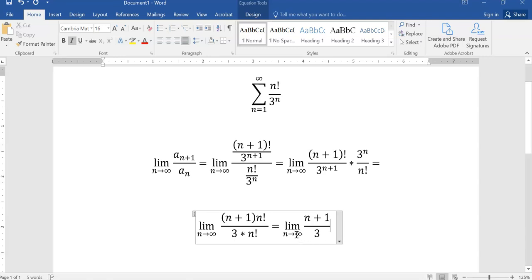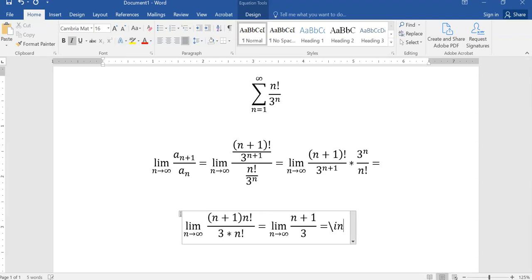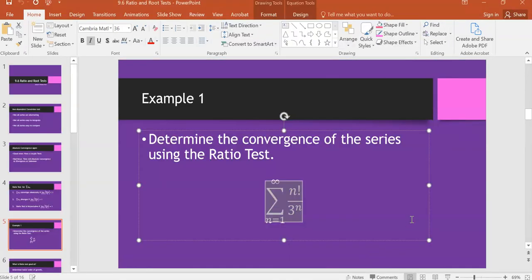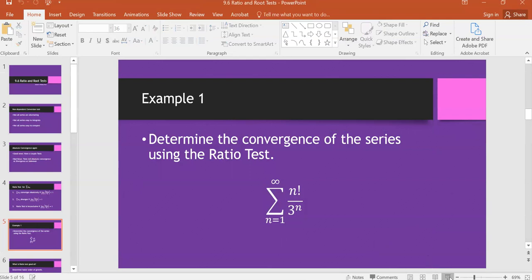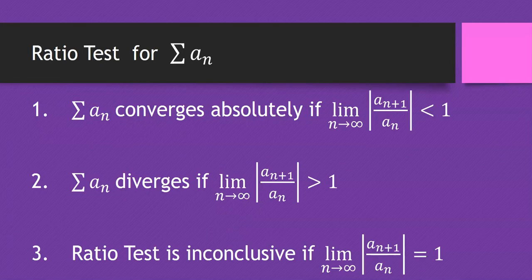And as n goes to infinity, you can clearly see the top is growing, but the bottom is staying the same. So this thing is going to infinity. Now, this thing went out towards infinity. If you recall back on the ratio test, limit is greater than 1, therefore this sum diverges.